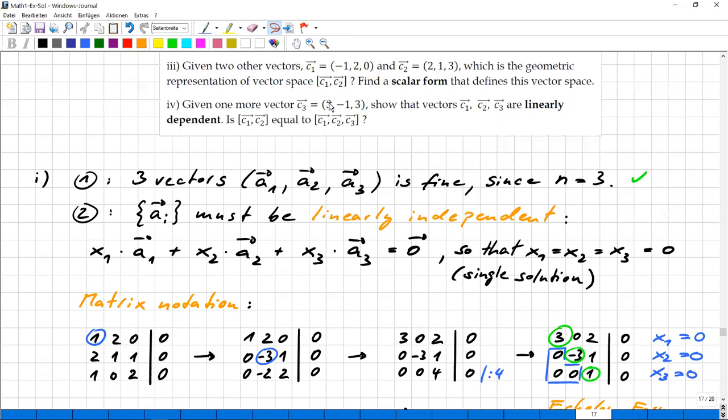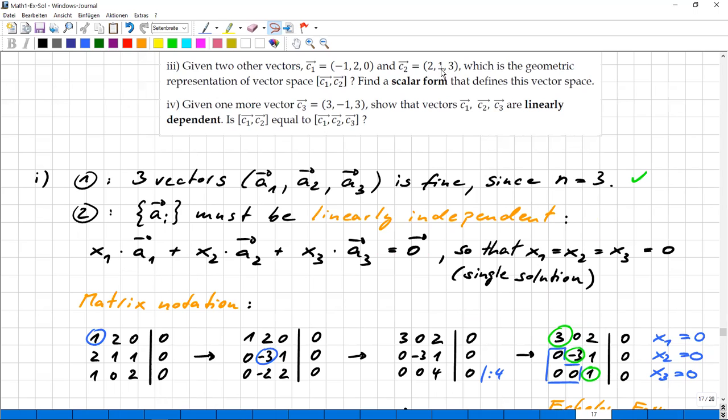Behind this is the idea that two vectors in three-dimensional vector space span a so-called plane if they are linearly independent.